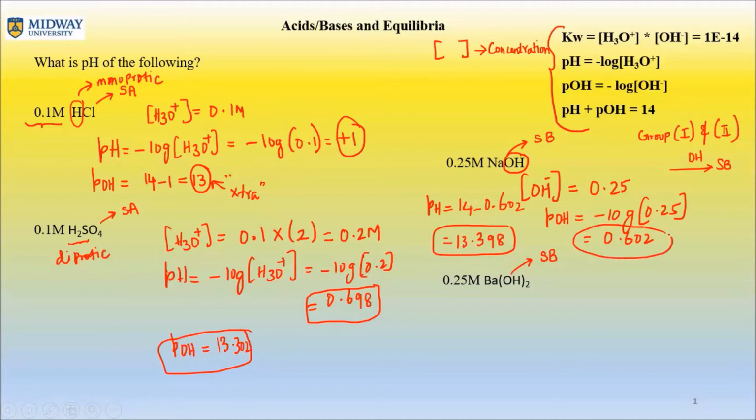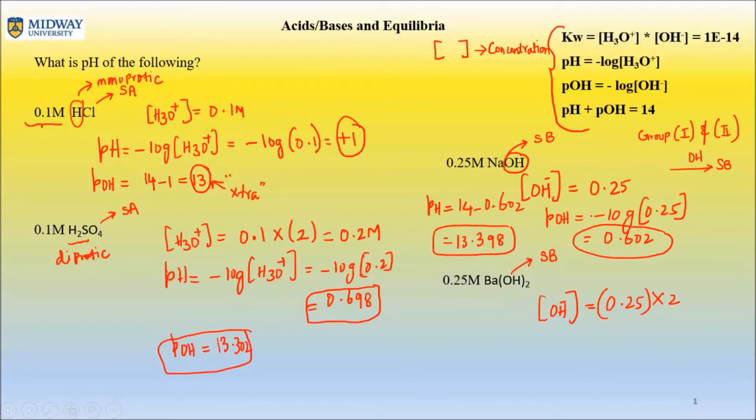As I said, you first find this, and then again, as with the other case, this is a strong base, but we got 2 of the OHs, right? So the OH minus concentration is not simply 0.25, it's 0.25 times 2. Now, as I keep repeating, you cannot do these calculations this way once you deem it is a weak acid or weak base.